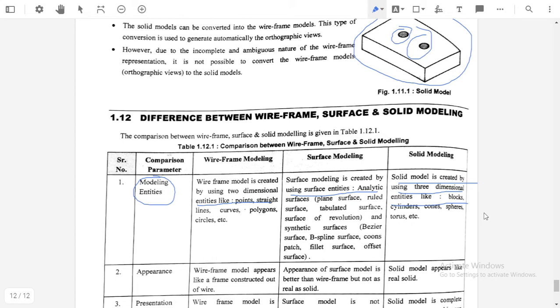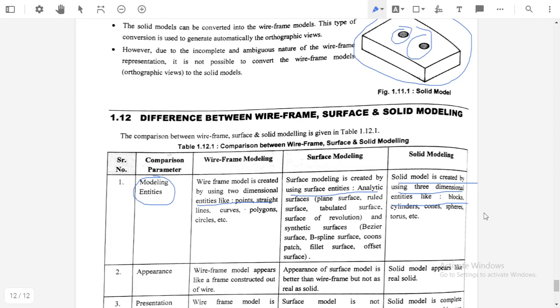There are some three-dimensional entities which are present in 3D modeling software, as all of you know. Suppose CATIA. In CATIA, if we want to design some parts, there are some parts which are available already.